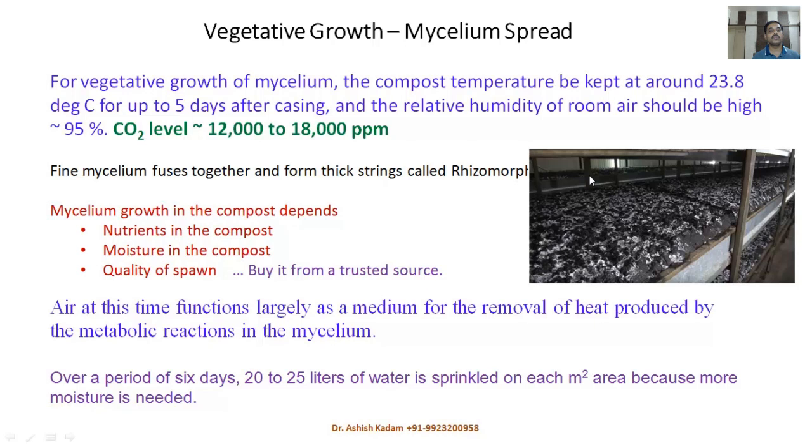So we always have to take care when entering the farm room, because the CO2 level is very high. The CO2 level in the natural atmosphere is just 400 ppm, and now you are maintaining 12,000 to 18,000 ppm. So there is a possibility of suffocation. There is a possibility of having no oxygen in that environment.